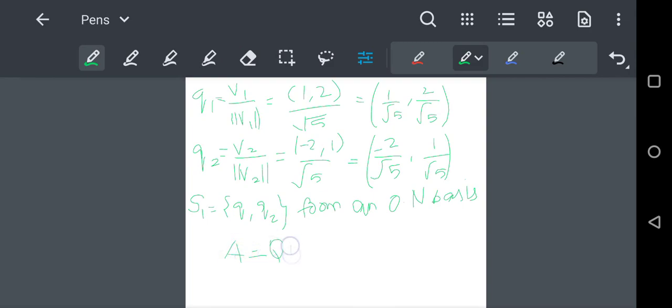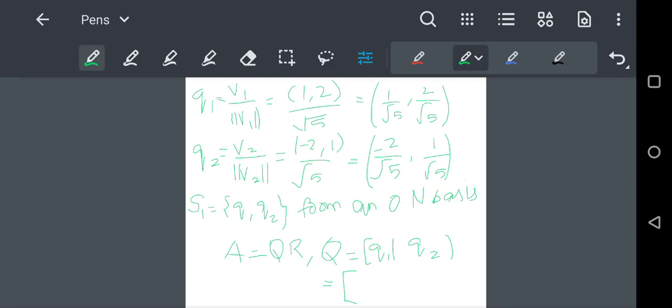Next we need to resolve A into Q and R, where Q is nothing but the matrix whose columns are the vectors obtained from the Gram-Schmidt process, and R is an n by n invertible upper triangular matrix. The value for Q is nothing but q1 written in the first column and q2 in the second column.